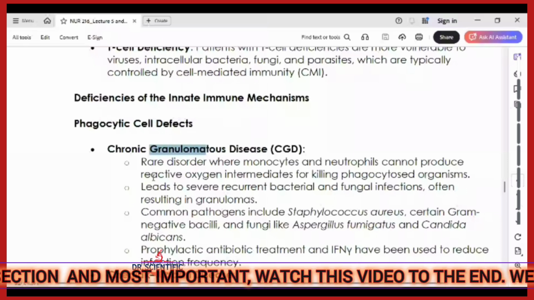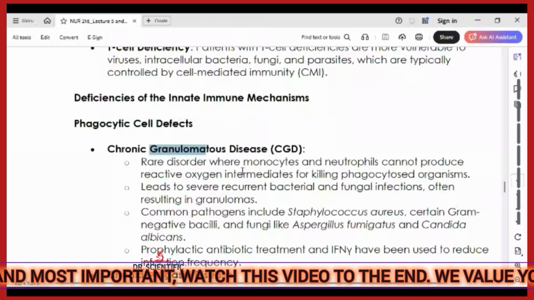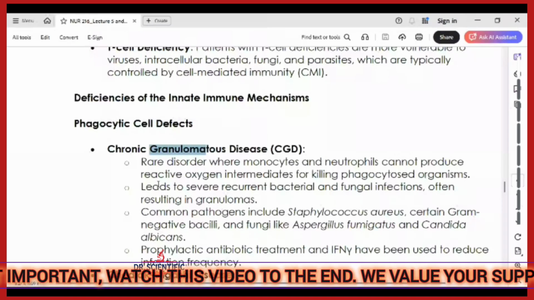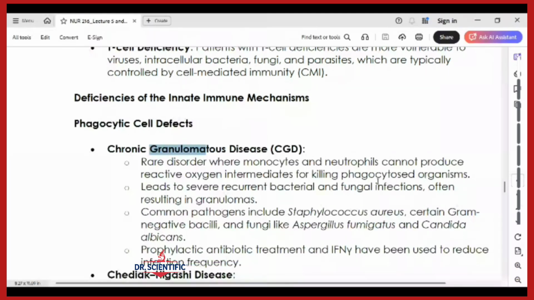And we know that macrophages emanate from monocytes. So this is a rare disorder where monocytes and neutrophils cannot produce reactive oxygen intermediates for killing phagocytosed organisms. Macrophages, which are mature monocytes, as well as neutrophils, kill mostly by producing reactive oxygen intermediates.